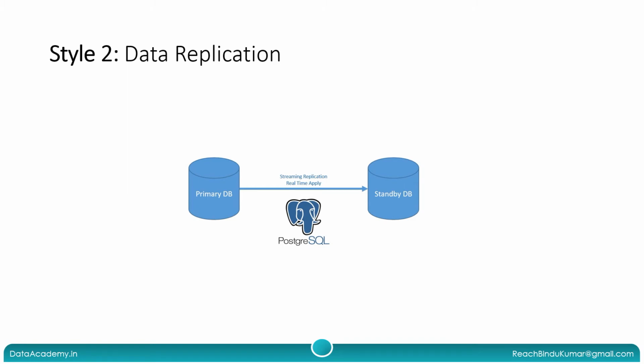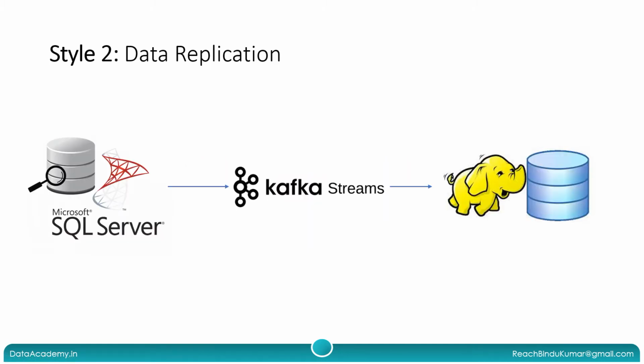There may be a lag of a few seconds, or maybe in some cases a few minutes as well. But does data replication always happen within the same kind of databases? For example, here the primary database is Postgres and the standby database is also Postgres. Is this the rule? No, it's not, right?